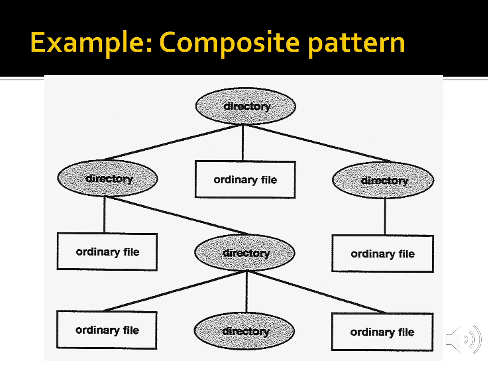Similarly, directories and subdirectories may have other subdirectories and files. So you can represent the levels of folders and files in a tree structure. Similarly, the composite pattern will also represent information that is in levels as a tree structure.